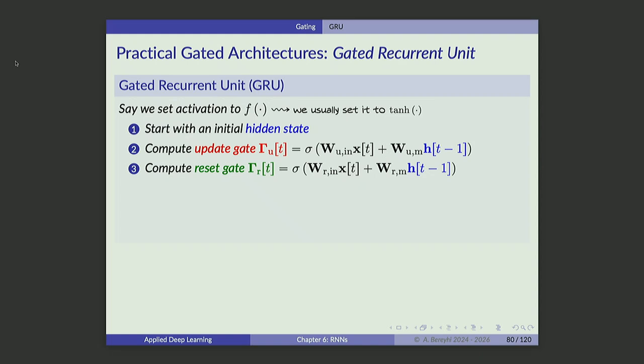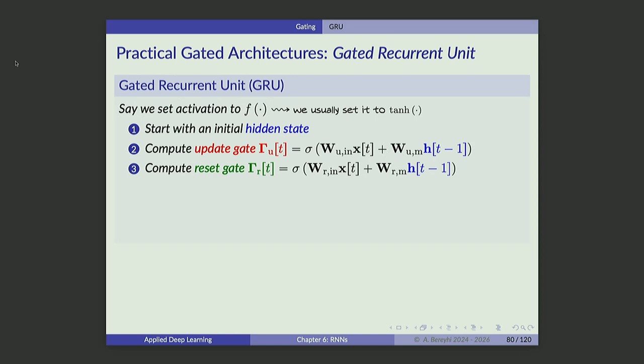Now, here in GRU, we compute two different gates. One of them is the update gate, which, as you see, has its own weight, right? Look at it here, I have W update. This one, which is the reset gate, has W R. That is a different weight, right? Every weight inside these sigmoids is a separate weight.